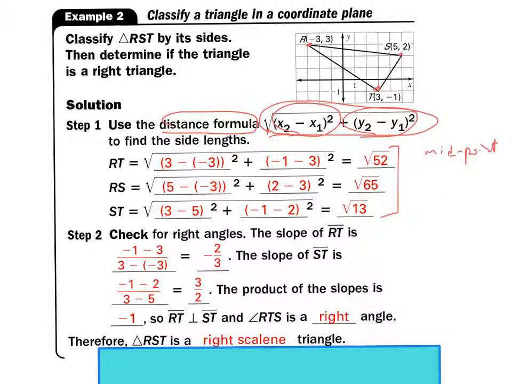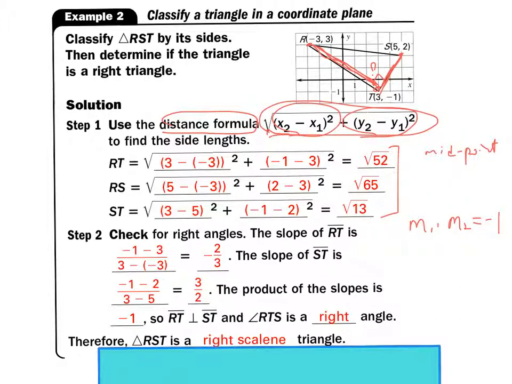To do that, you have to find out if it is a right angle: the slope for RT and the slope for ST would be negative reciprocals of each other. In other words, m1 times m2 has to equal -1. So the way you do it is to use the definition of slope, which is rise over run, right?